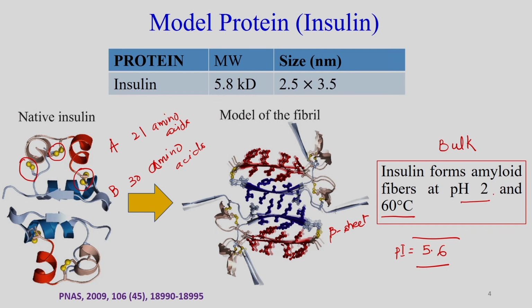So, at pH 2, the pH is less than the pI, so it will have a positive charge. But if you use pH 7.4, then 7.4 is greater than the pI. Under those conditions, insulin is found to be more stable as compared to pH 2.